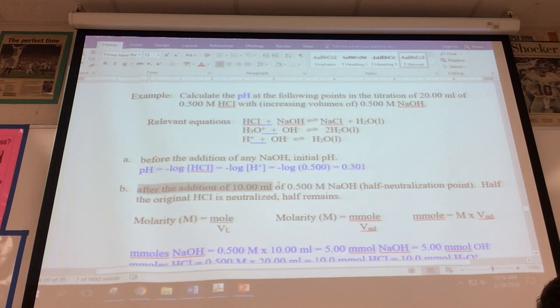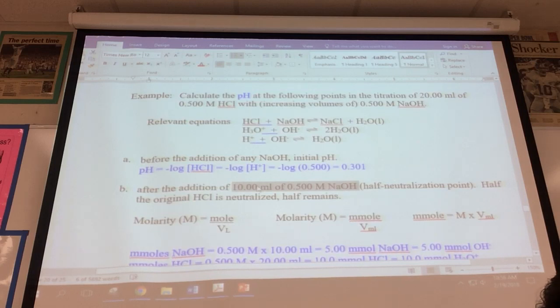After the addition of 10 mils of 0.5 molar sodium hydroxide, that's the half neutralization point. How do I know that? You knew you needed to use 20 mils to get to the equivalence point, so half of that. Be careful with that. The other way to go about it is that when you have added this, half of 10 is 5.